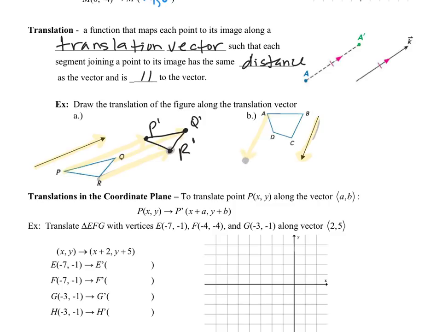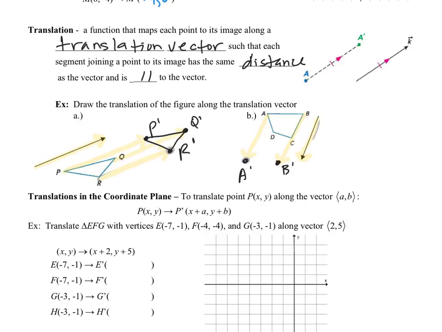So A prime would land right about here. And then let's translate B. Again, I'm going to try and mimic it. That looks like about the right spot for B prime.